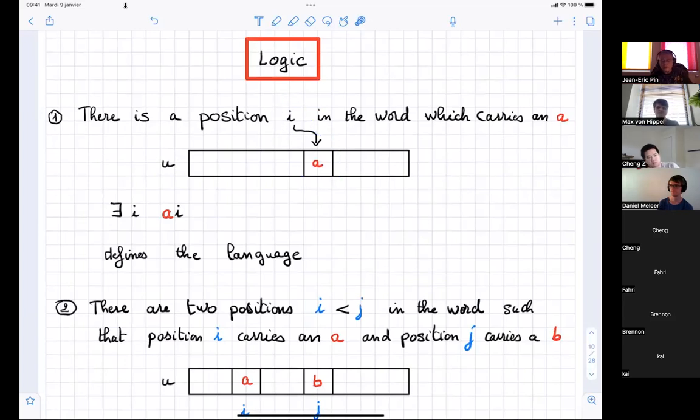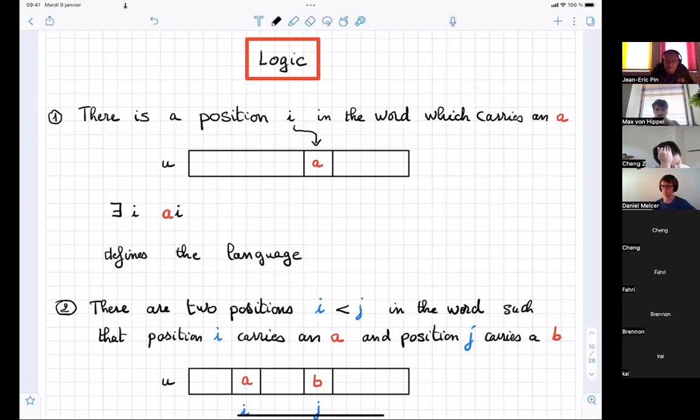In terms of logic, you would write, there exists i, which means there exists a position, and a(i), so a is a predicate applied to the variable i, which means that in position i there is an a. So now if you take all words satisfying this formula, it's a language, the set of words which contain an a.